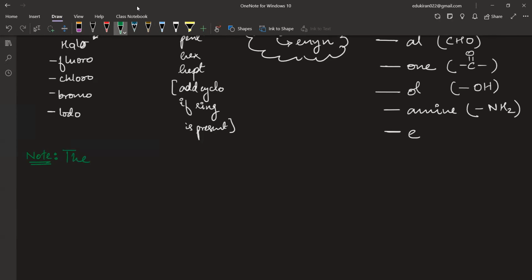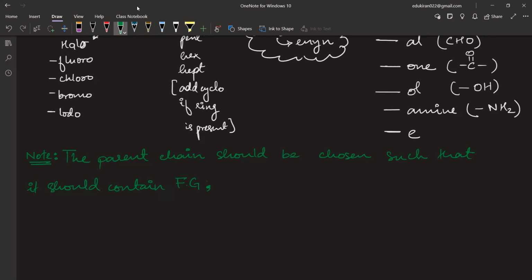Okay. Now, what would be the parent chain? The parent chain should be chosen such that it should contain the functional group.